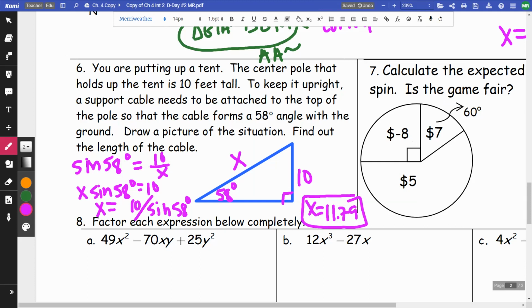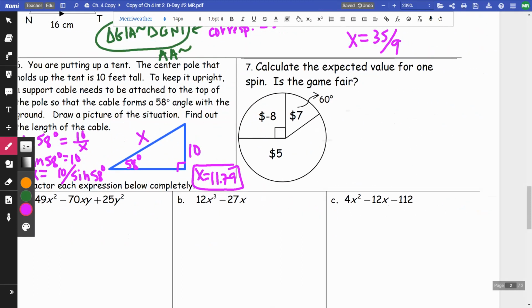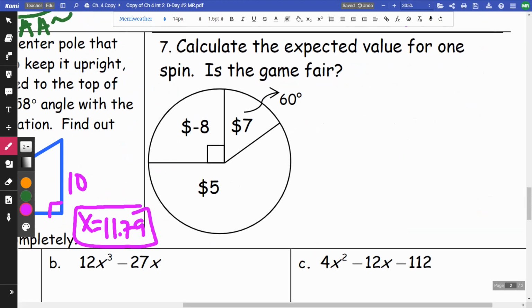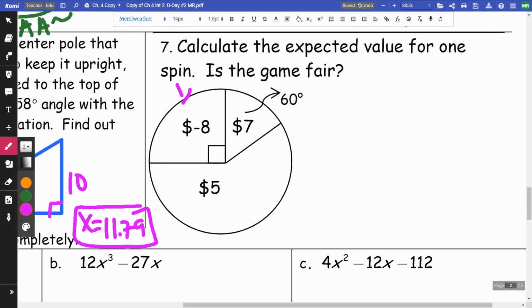On number 7, expected value, and we want to know if this is fair. So this is going to be 1/4. This is 60 out of 360, which is going to be 1 out of 6. And let me just think of it this way. This is going to be 90 out of 360.